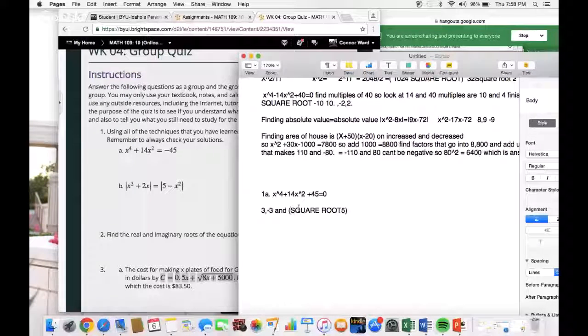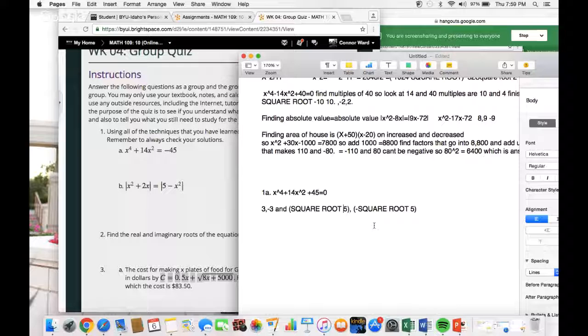And I'll just copy this and do negative, yeah, just a negative square root of 5. Does that seem right? Yeah. Sweet.